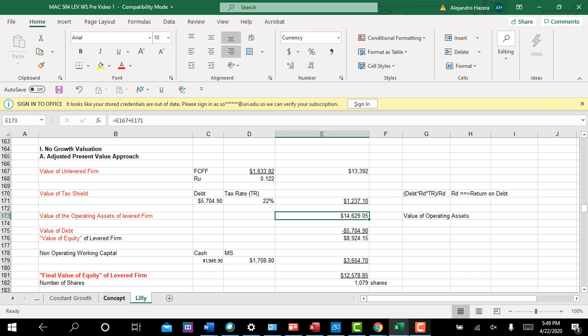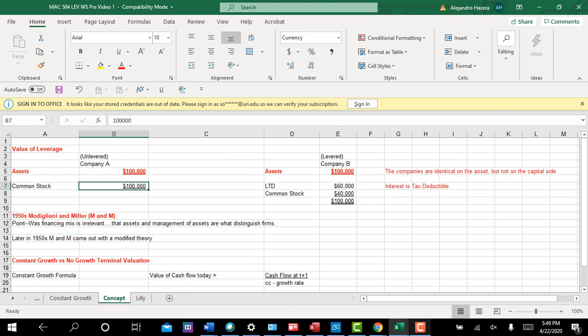Which is really the theory that we've been talking about here, that all firms are valued based on their assets, regardless of whether they finance with common stock, or both common stock and debt. And the only difference is the value of the tax shield, in a sense.